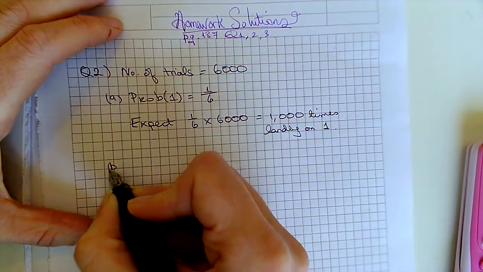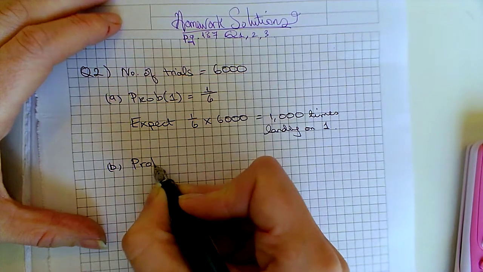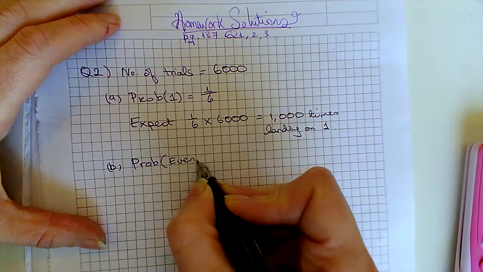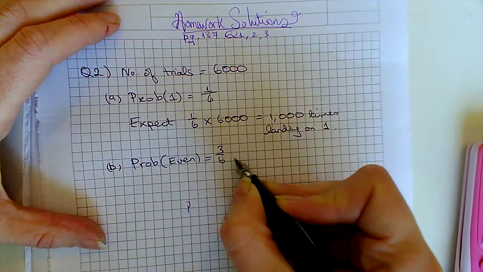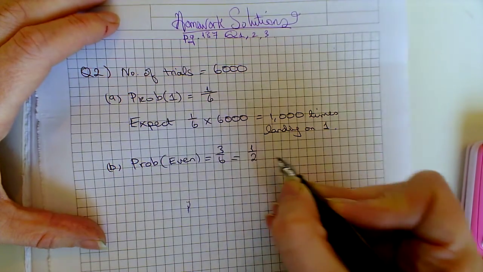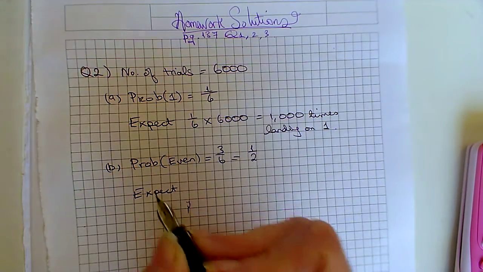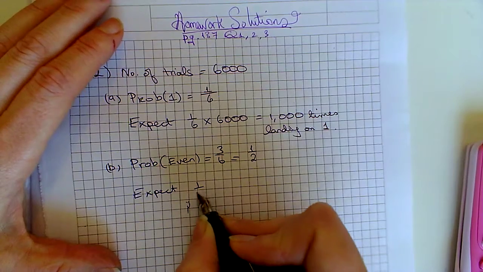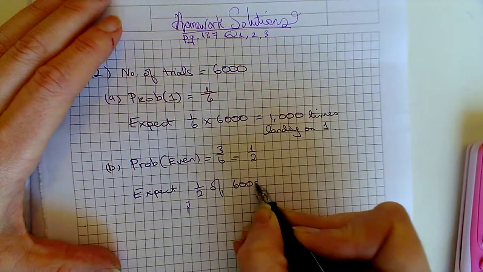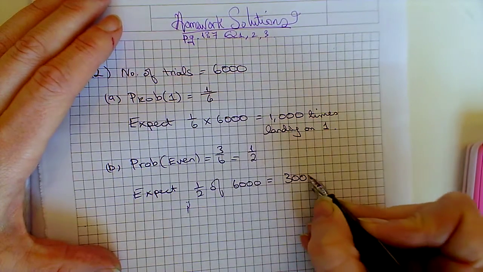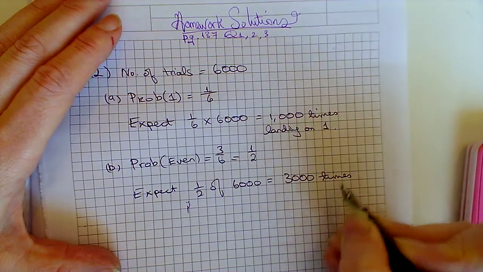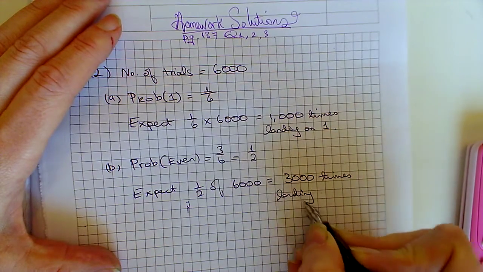Part B, we're asked how many times we would expect it to land on an even number. Well, the probability of it landing on an even number is 3 out of 6, or a half. So we would expect half the values. Half of 6,000, 3,000 times landing on an even number.